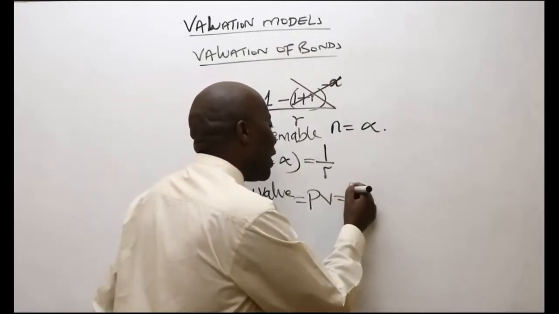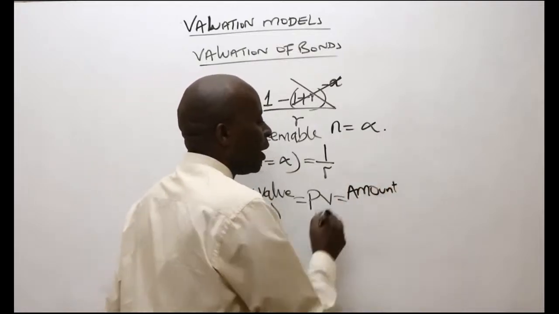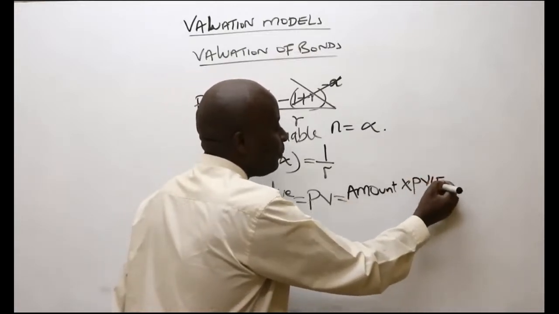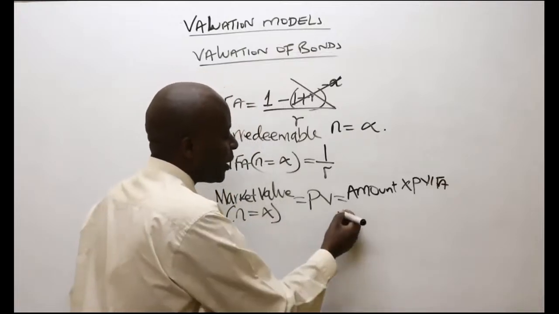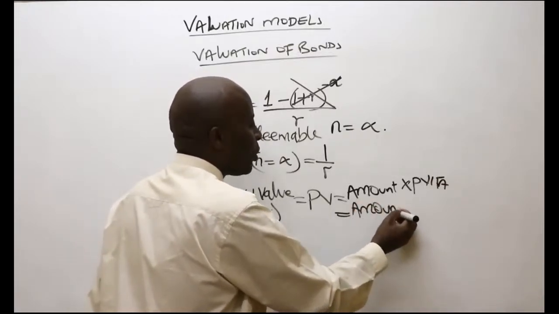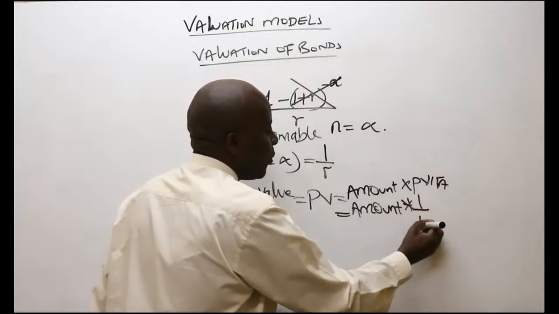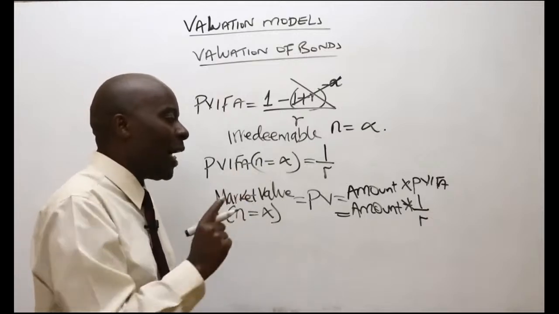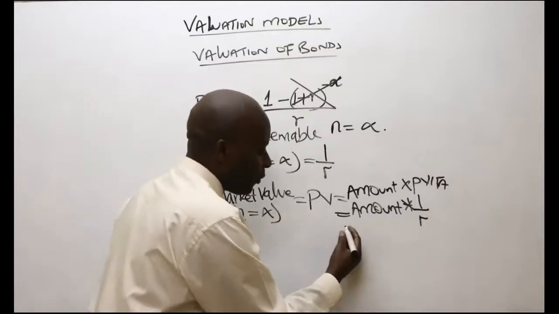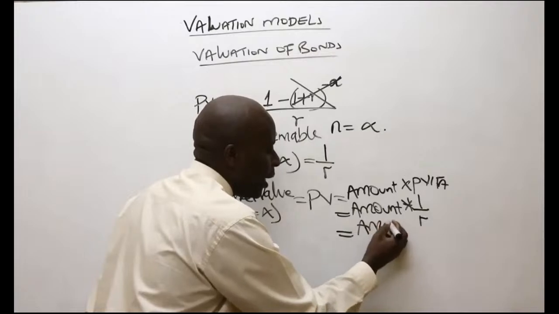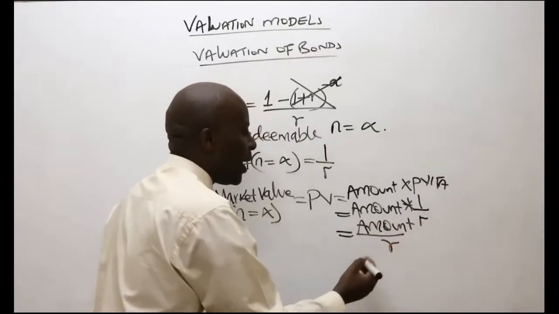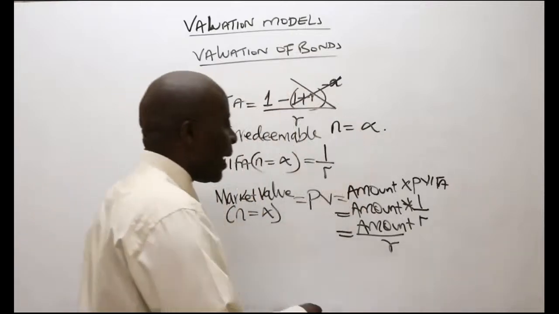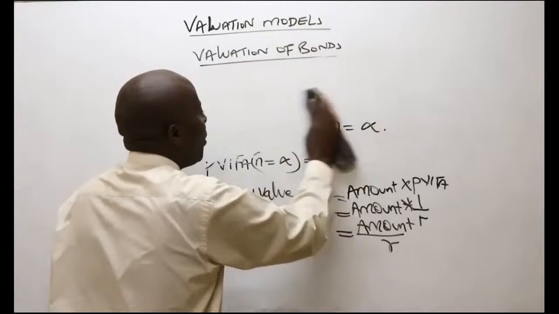I'll be required to take the amount which we shall be paying every year, times the P-VIFA, which for an annuity whose N has not been given is 1 over R. This will translate to amount divided by R. But what amount are we talking about here, my great friends?